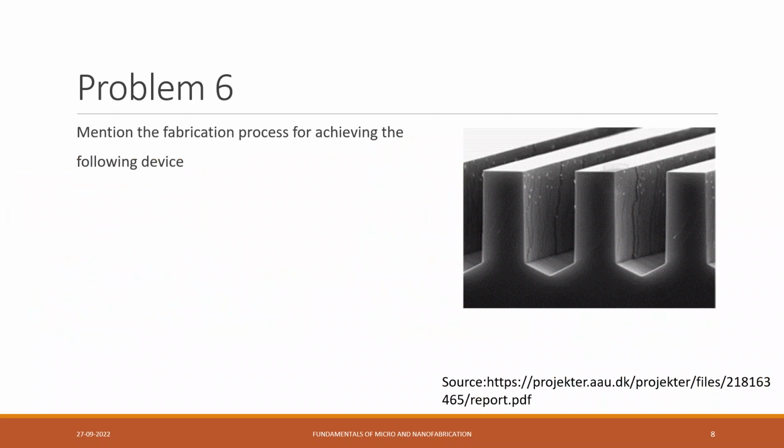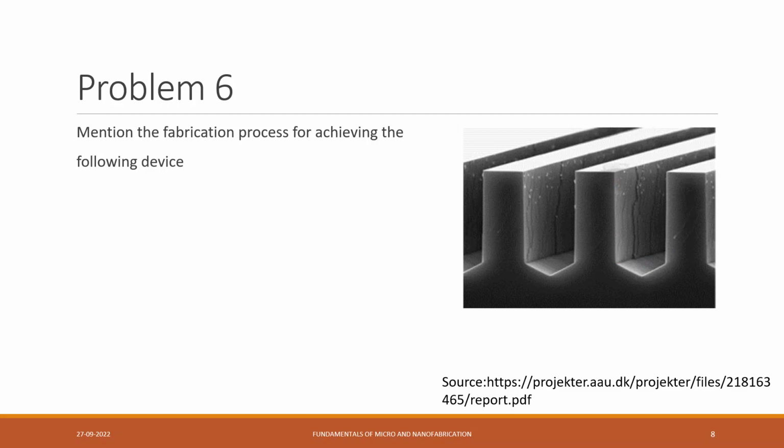So this is another structure, and you have to tell the fabrication process involved in achieving the following device. Essentially the fabrication process is similar, but you have to tell how such vertical walls are achieved. How are these walls, which are very vertical, obtained through a wet etching process?